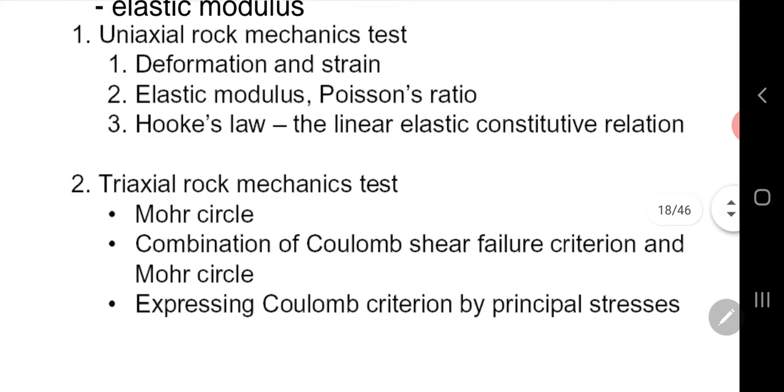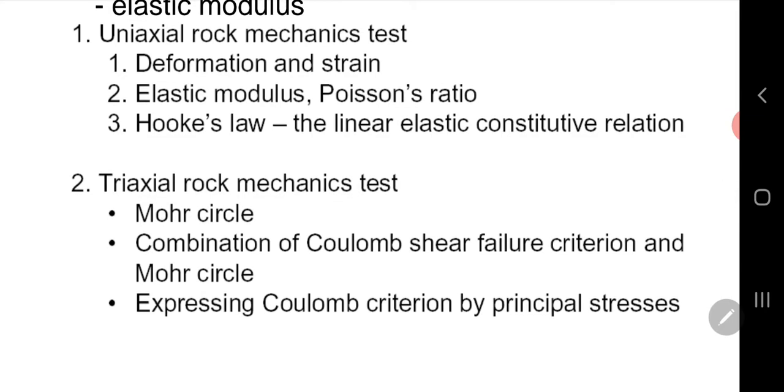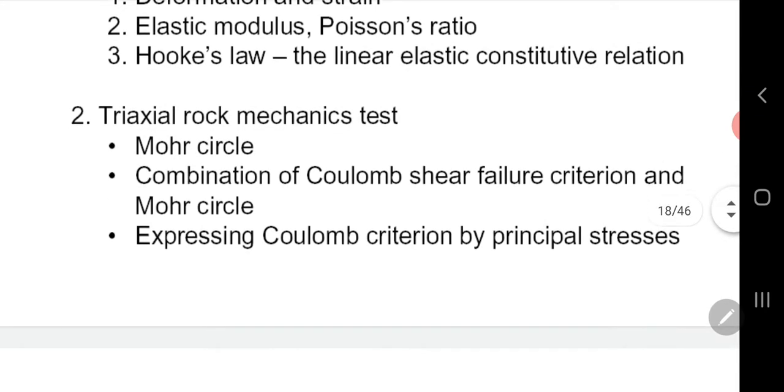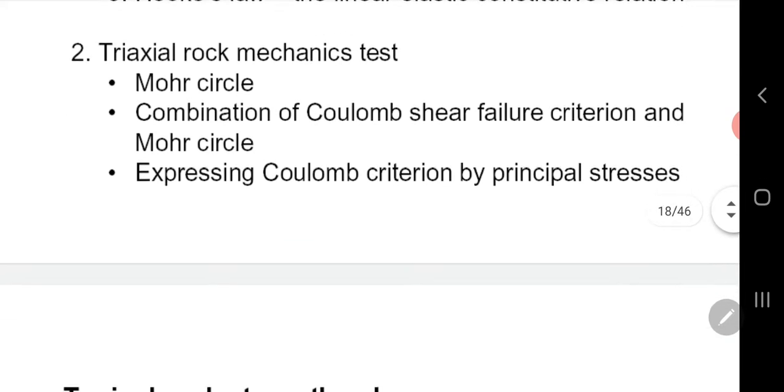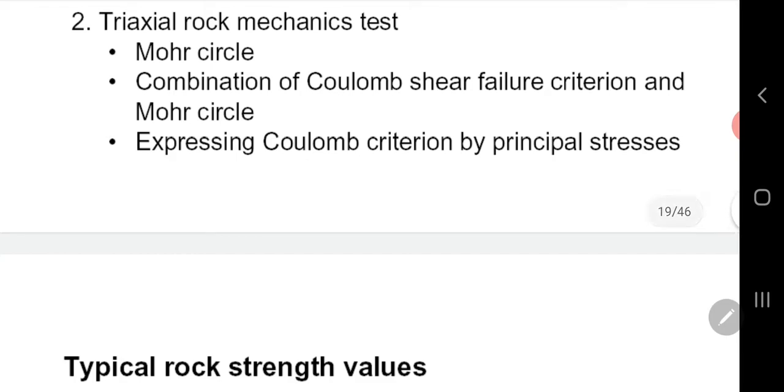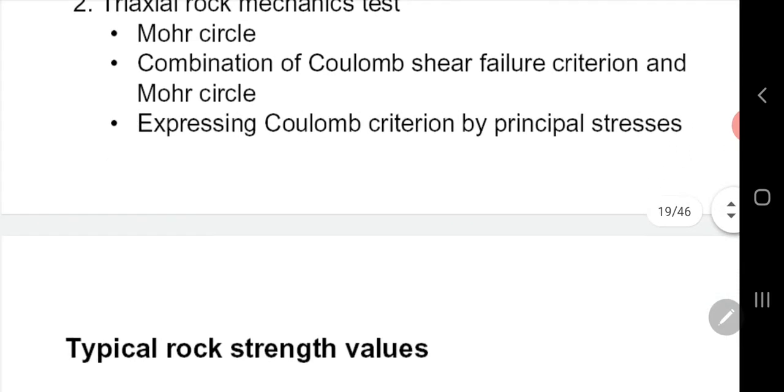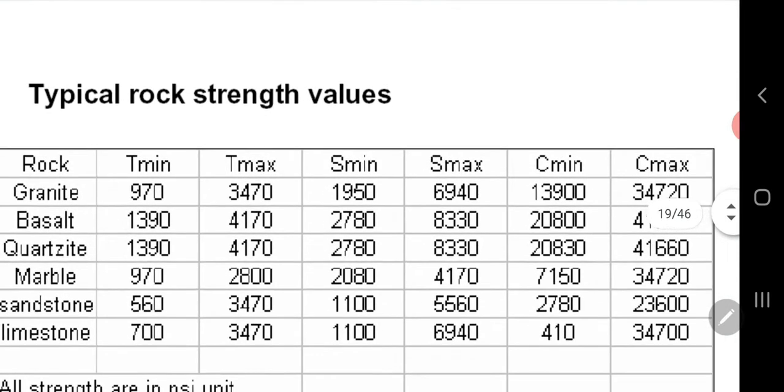And next, when conducting triaxial rock mechanic tests, the results are: the Mohr circle, the combination of Coulomb shear failure criterion and Mohr circle, and the last one is expressing Coulomb criteria by principal stresses.